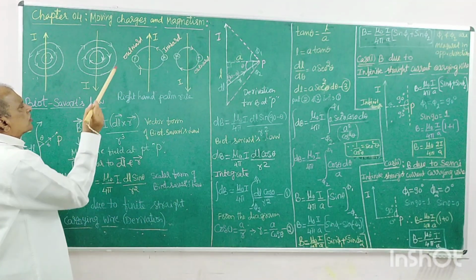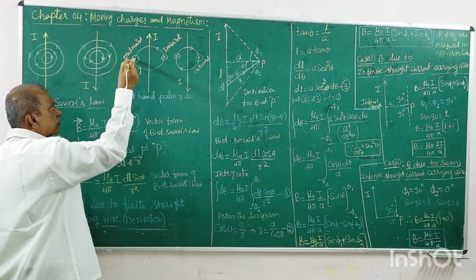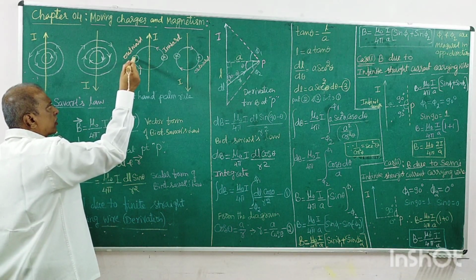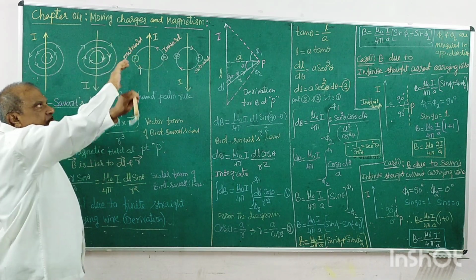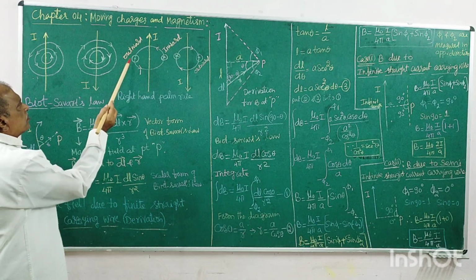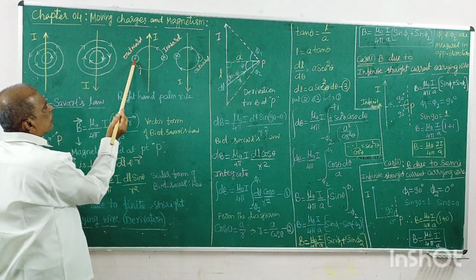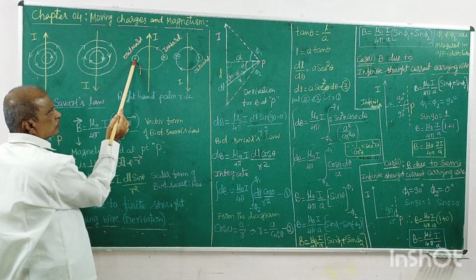That means the magnetic field is perpendicular to this point and perpendicular to the plane, in the outward direction. The symbol is a circle with a dot inside. These are the symbols used in physics.